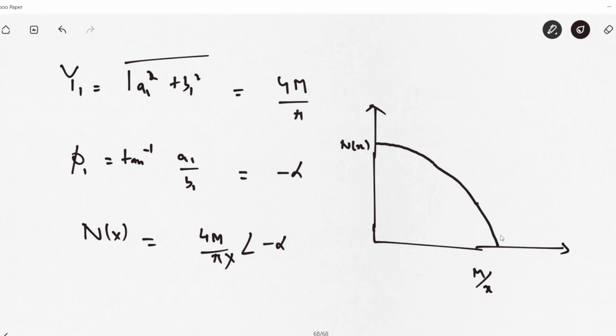a drooping curve because of the negative angle that is here. This will be having a slope of 4 by pi again.